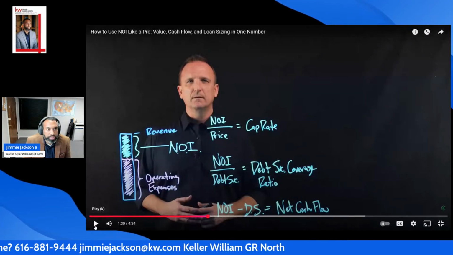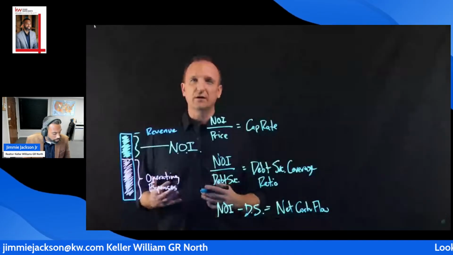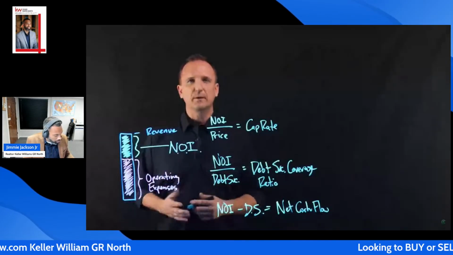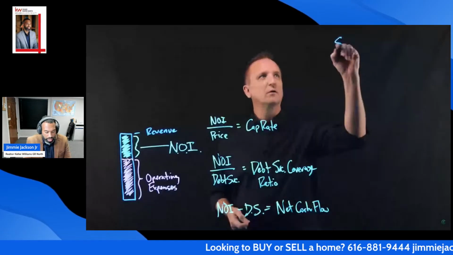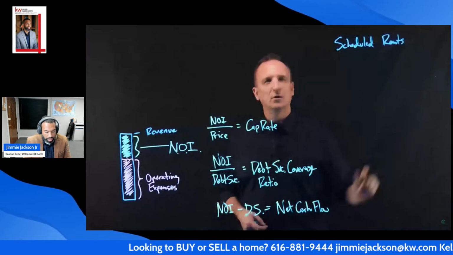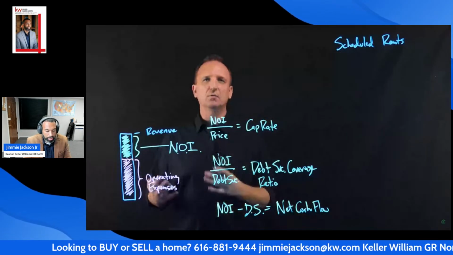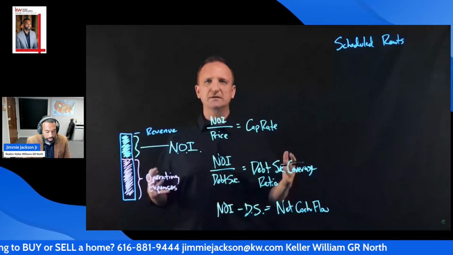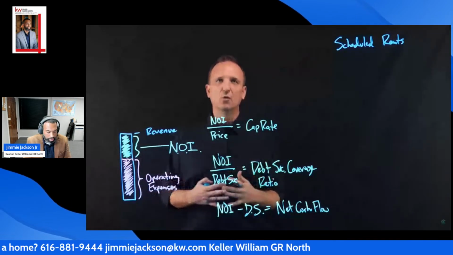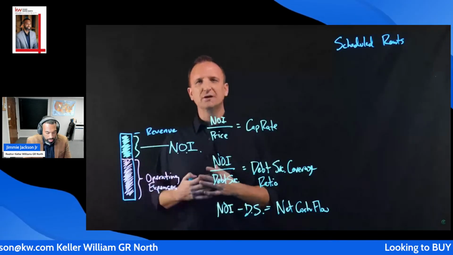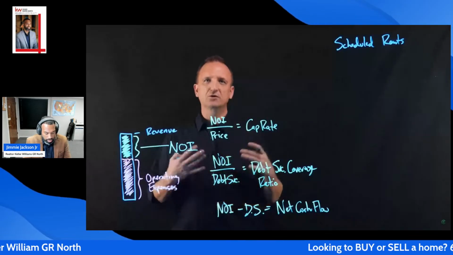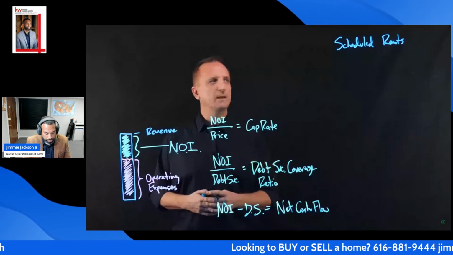Here are the steps to calculating the NOI on a property. First, we need to know what our scheduled rents are. Scheduled rents are the rents that would be collected on the property if all spaces or units were completely full 100% of the year. Effectively, it's the rent roll or the lease schedule times 12 months for the total annual rents.